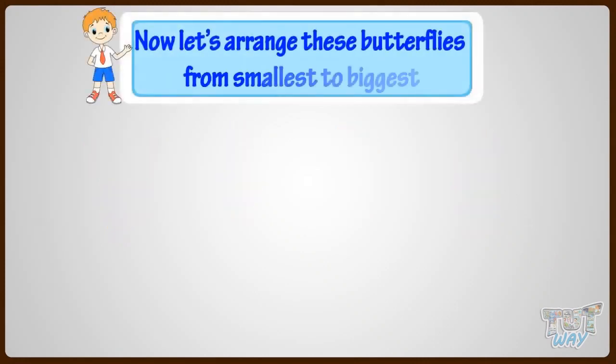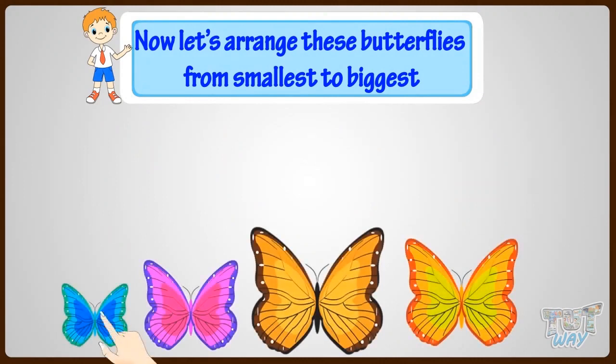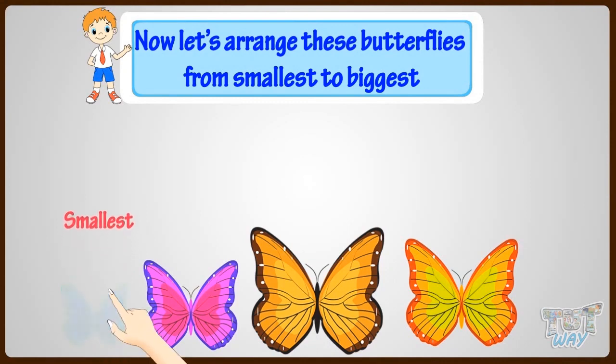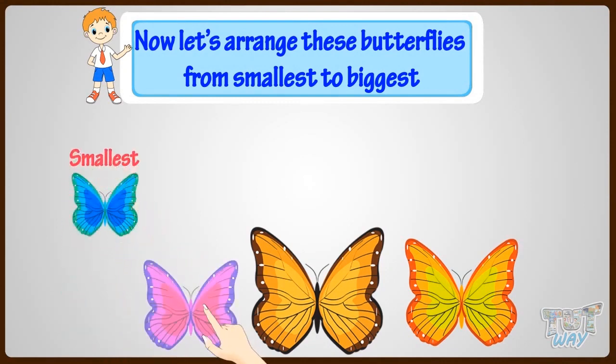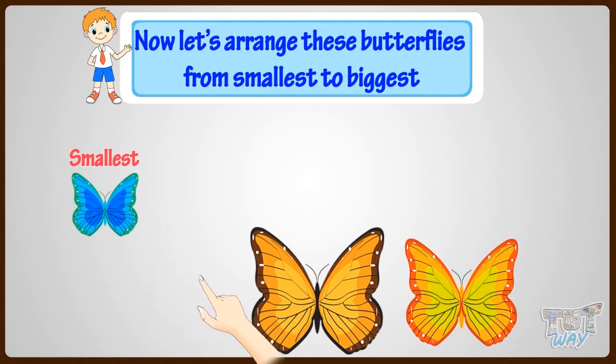Now let's arrange these butterflies from smallest to biggest. This is the smallest, so will come first. This one is a little bigger, so comes next.